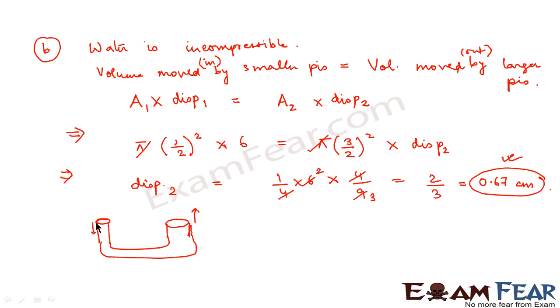Volume is nothing but the cross-sectional area of the piston multiplied by this displacement, right? So that would become the volume of this material. Let us suppose it moved till here. So volume of this part would be the cross-sectional area into displacement. So that is what we did. Cross-sectional area into displacement is equal to again cross-sectional area into displacement. And we put the values and found out the answer.